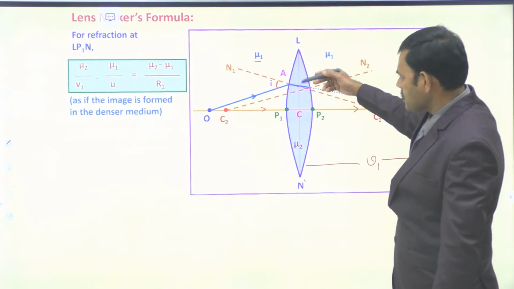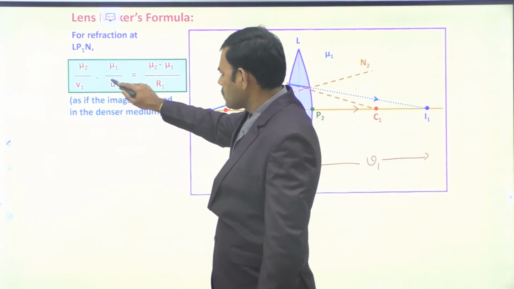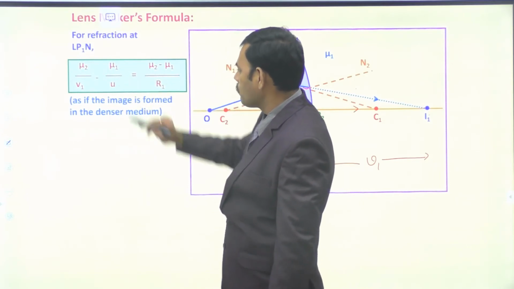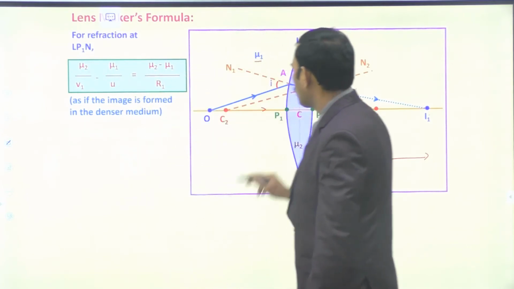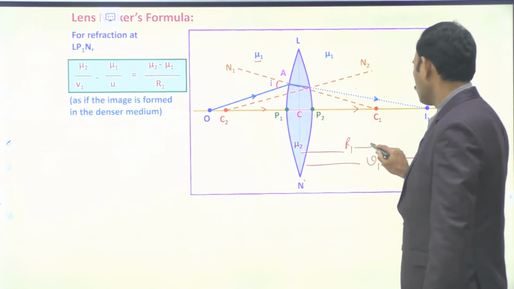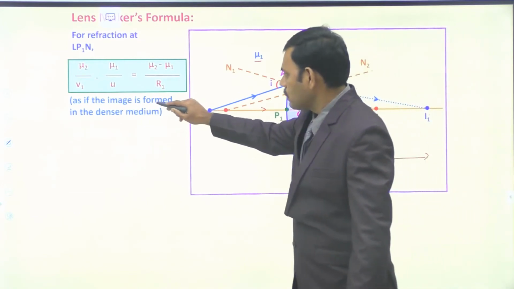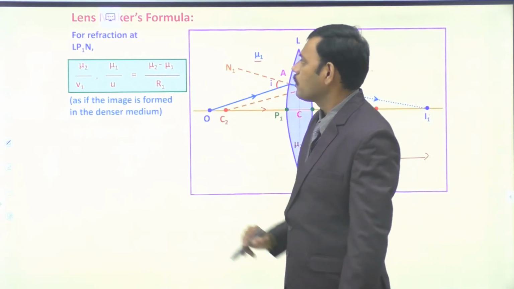So mu2 by v1 minus mu1 by u, since the object is in the rarer medium, is equal to mu2 minus mu1 by the radius of curvature. This distance is r1, the radius of curvature. Because the image is formed in the denser medium, we write this formula.